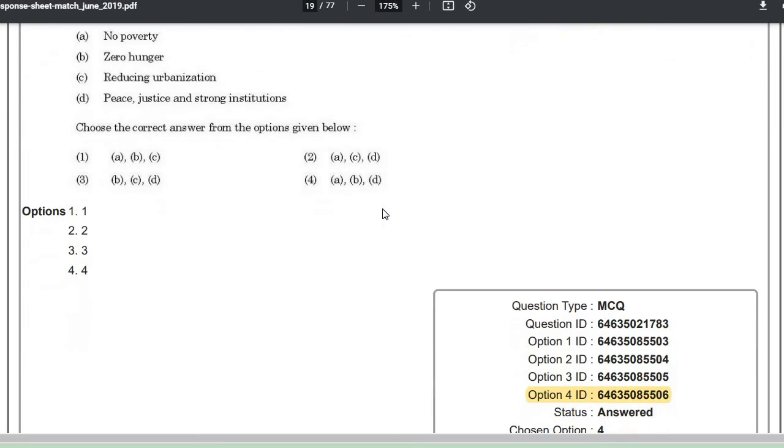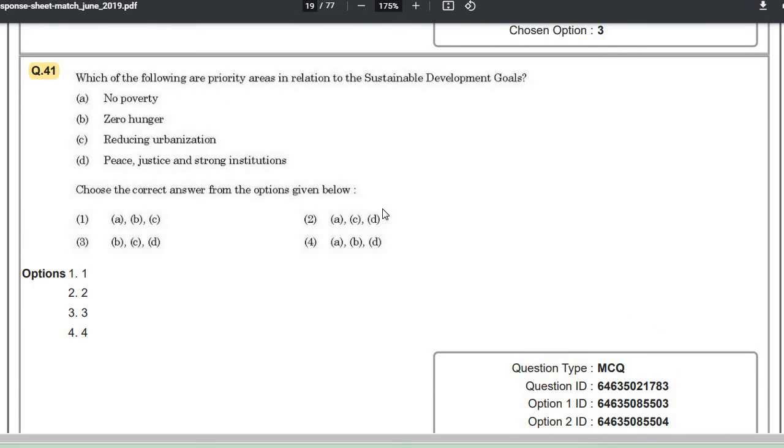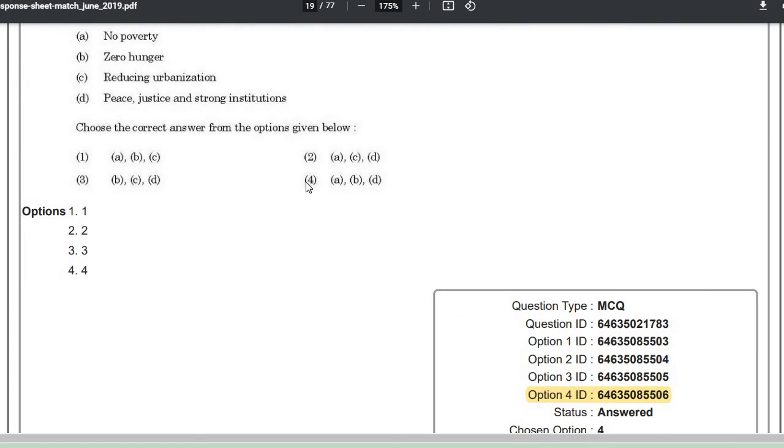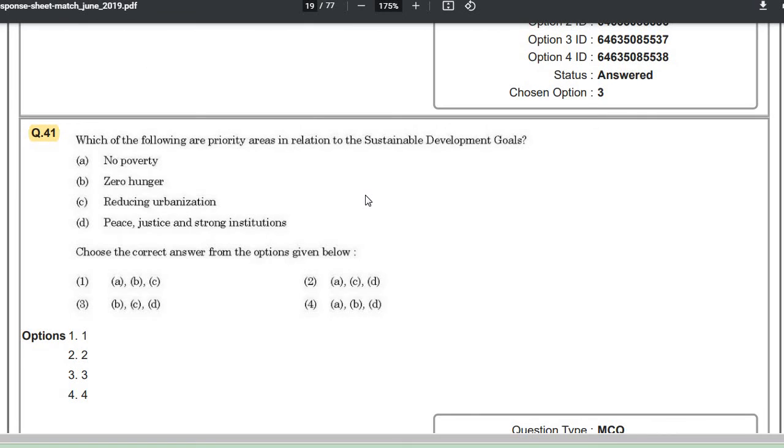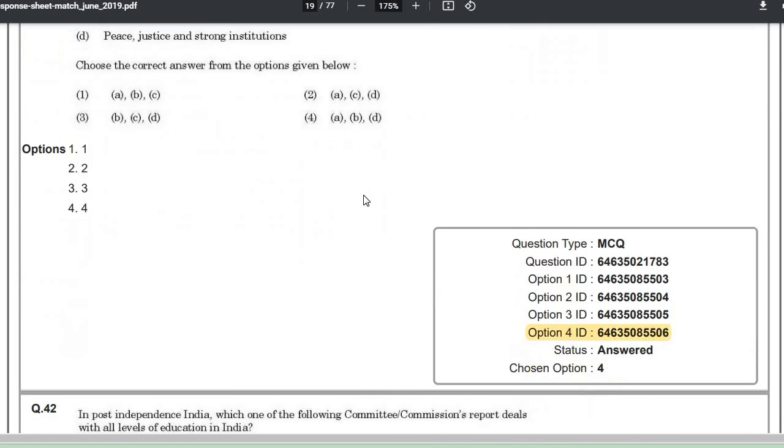Based on the priority areas in relation to the sustainable development goals, no poverty, zero hunger, and peace, justice, and strong institutions, these A, B, D are the correct answers. So option 4 is the correct answer for question number 41.